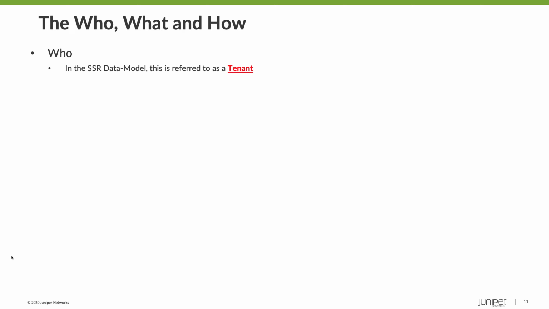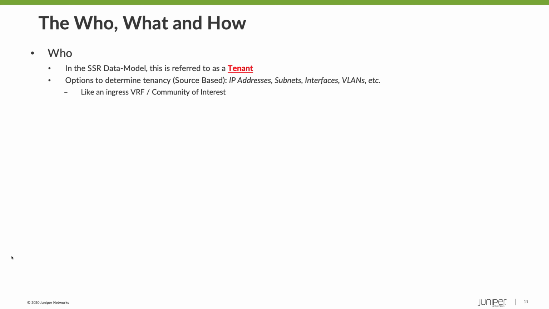The who in our data model is referred to as a tenant. Tenancy is assigned to traffic as it ingresses the fabric, and we're looking at the source of that traffic to determine tenancy. So things like the source IP address or subnet, the ingress interface or VLANs, and we can use these in combination. This creates what amounts to an ingress VRF or a community of interest. Each tenant in essence has its own routing table.